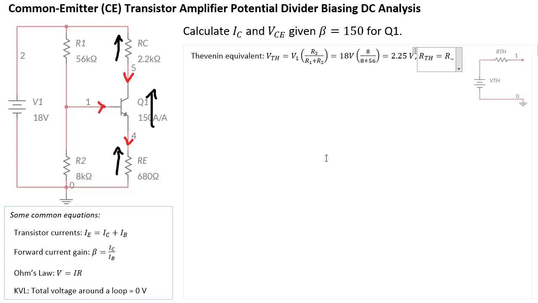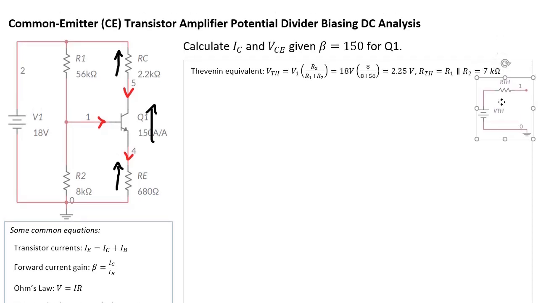So RTH is R1 in parallel with R2, and that's going to equal 7 kilo. Let me bring this down a bit so you can see. There, 7 kilo.